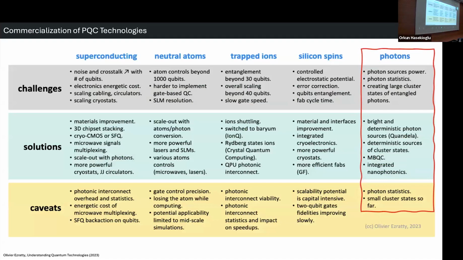Okay, so what are the challenges, solutions, or what can we propose for photons? I will not get into the details of all the challenges in this topic, but for photons, the photon statistics, for example, you don't always get perfect single photon states.